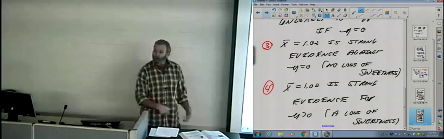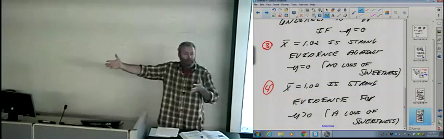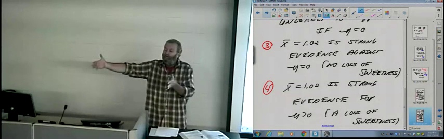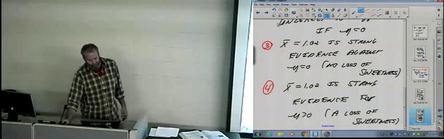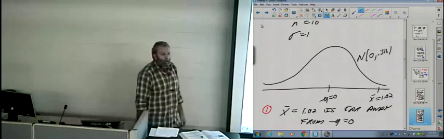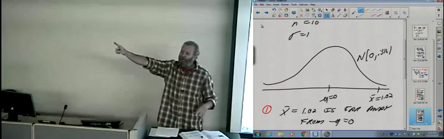Now, those are the same four on the previous page, except now that you have an X bar, it's a long way away. It's really unlikely to happen if you're really centered here. You're more than 3 away. Look, I'm going to come back up here for a second to this picture, because the picture tells me everything I want to know. X bar being 1.02 is more than 3 standard deviations to the right of the mean.